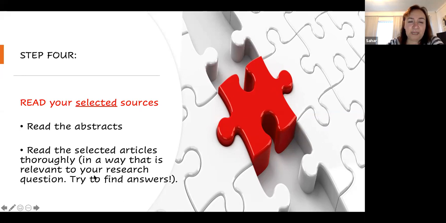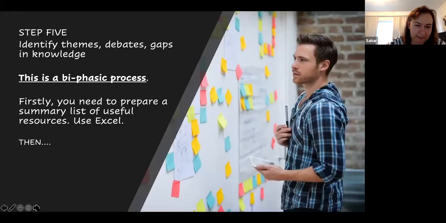It is a very focused way of reading. The way to do that is to identify themes, databases, common methods of research, and gaps in the knowledge that are shared by these papers. So it is a very biphasic process.